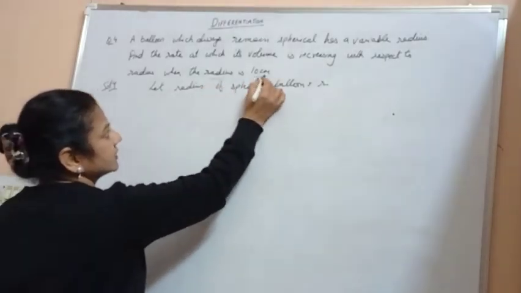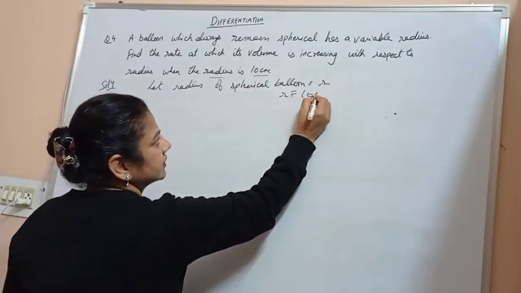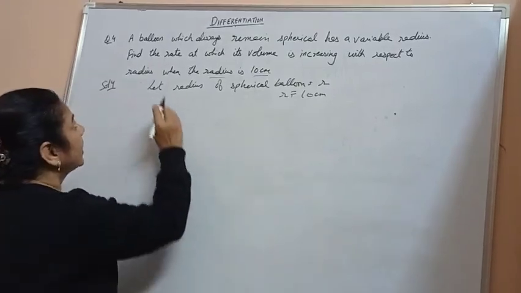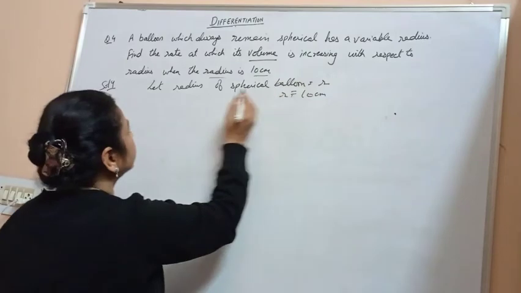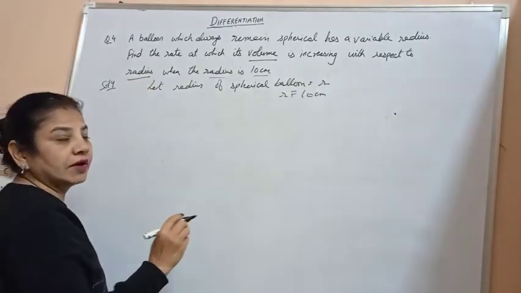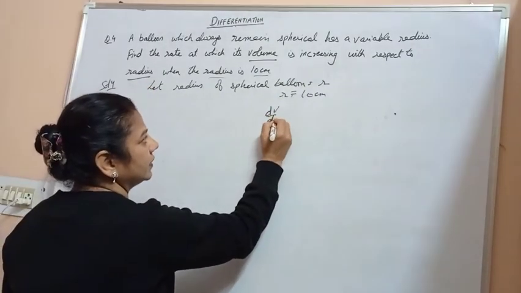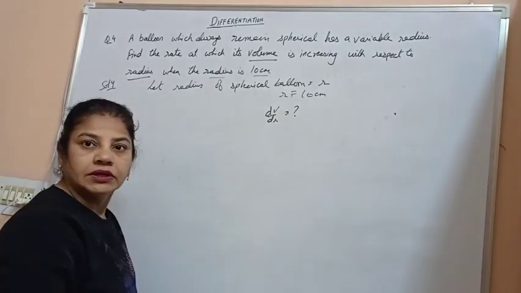Radius is given to us as 10 centimeters. We have to find the rate of its volume increasing with respect to the radius. We have to find dv by dr.